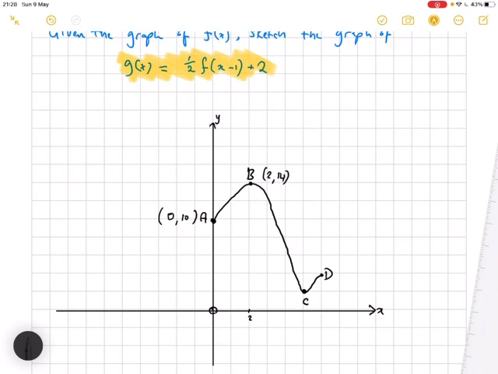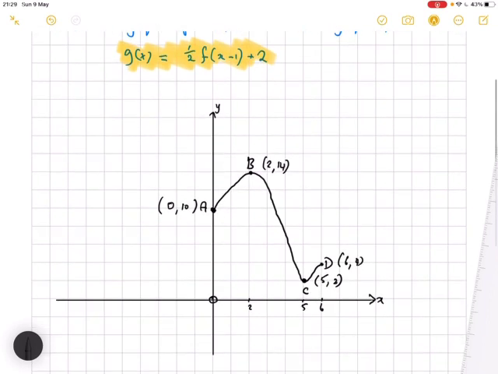And let's say C here, x is 5, y is 2, and D is x is 6, y is 4. This is just a rough sketch. So now the way we're going to transform it is, this is our new transformed function.